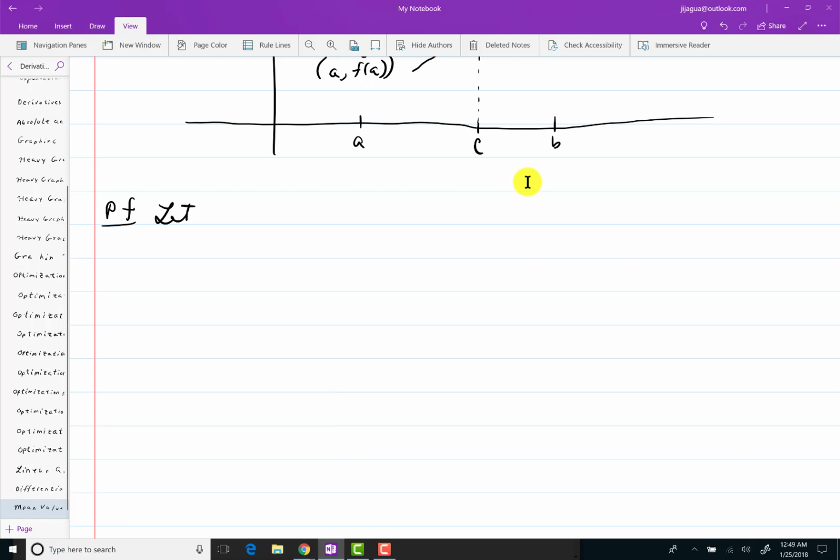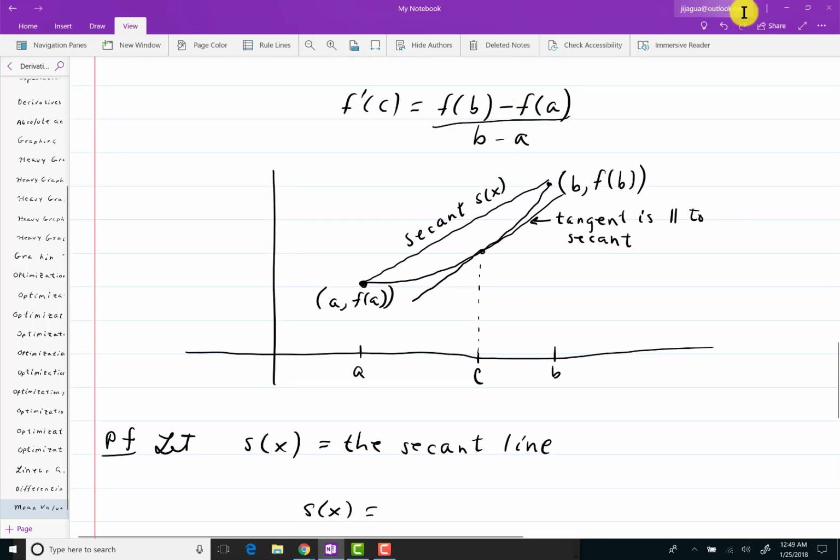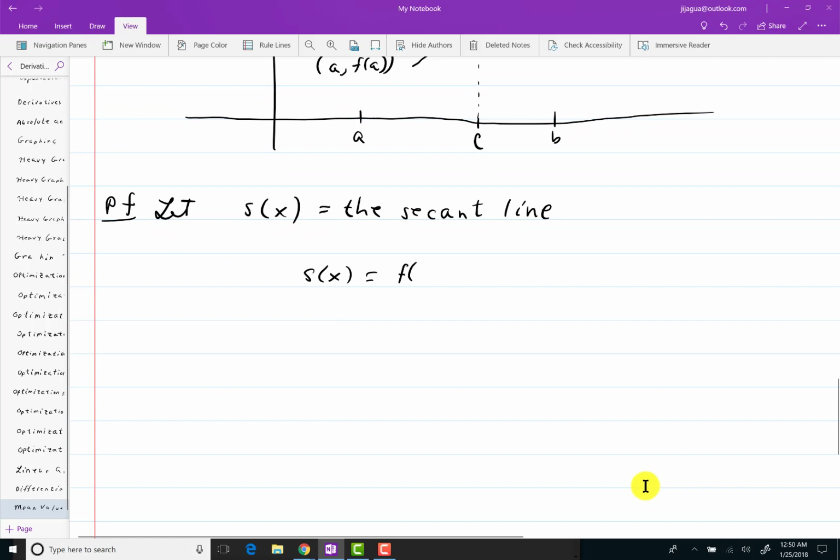Let s of x equal the secant line. So in particular, s of x is going to equal, let's take a look, what's the slope of this line? That's this stuff right here. So it's going to be f of b minus f of a all over b minus a times x minus a plus f of a.